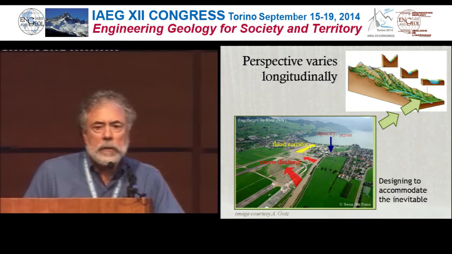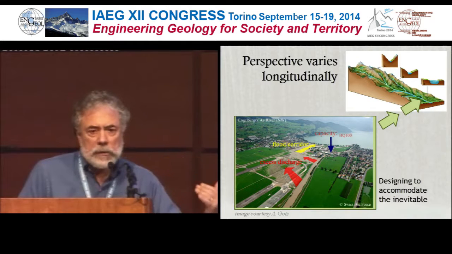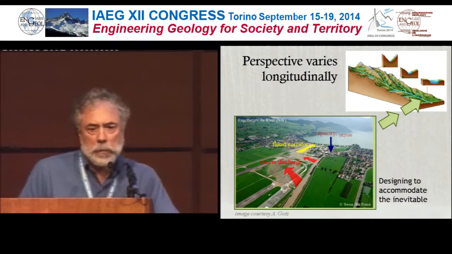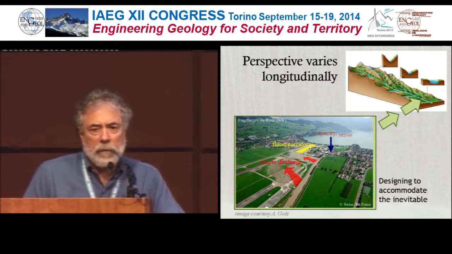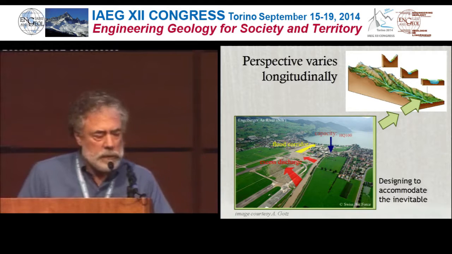So this recognition of geomorphic processes, of course, such as floods, but also then designing and building schemes into the management of these rivers to accommodate this, I think is another example of this sort of thinking at a site level.